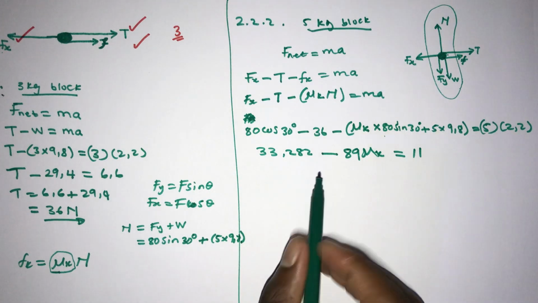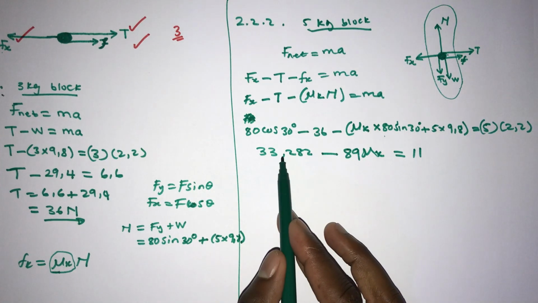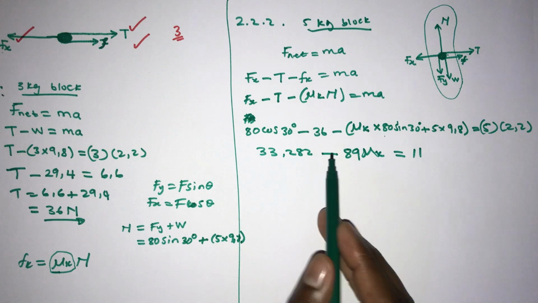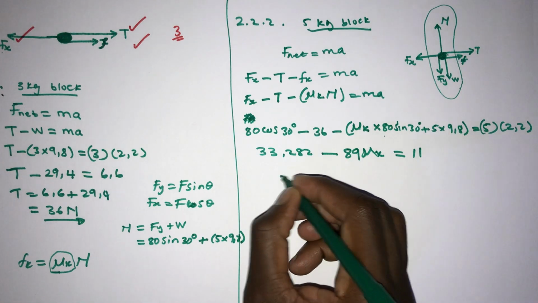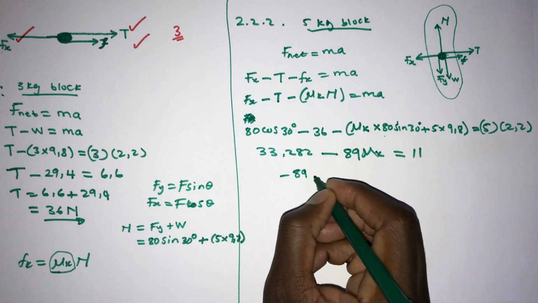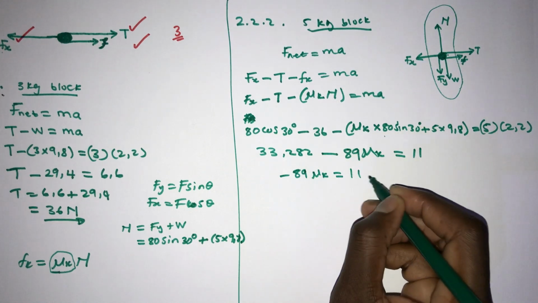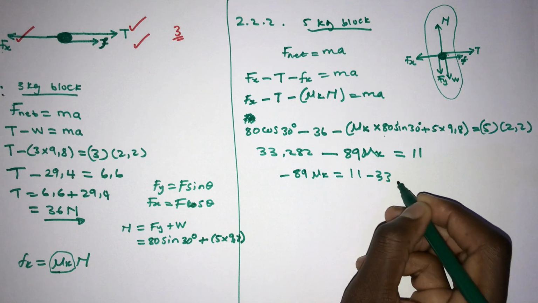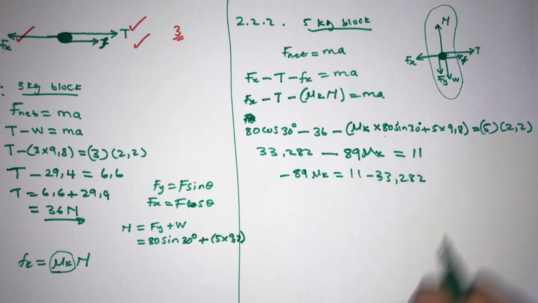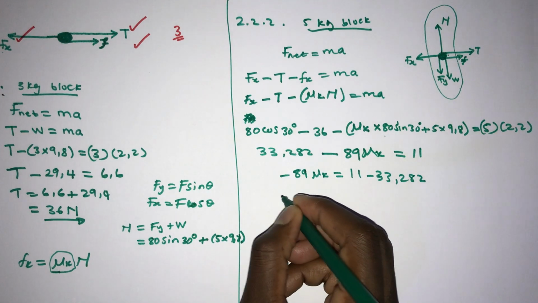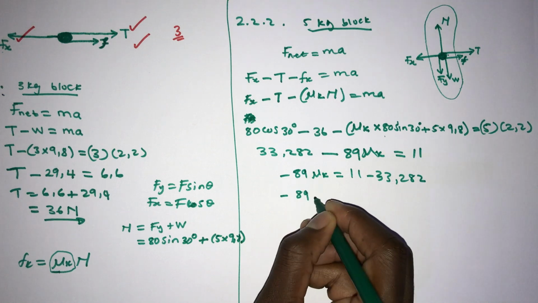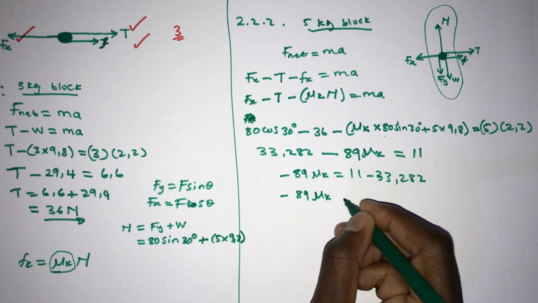So now we take this 33.282 to the other side. So we're going to have negative 89. The coefficient of kinetic friction is equals to 11 minus 33.282. So negative 89 coefficient of kinetic.